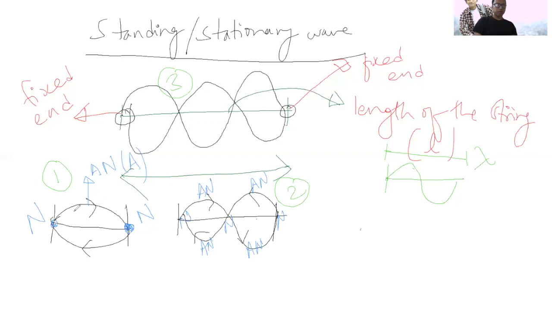So now if I look at the first case of the standing wave, this is the starting point, and this one is the ending point. So it is taking a part of the wave, right? If I compare this case with the traveling wave, then the first case of the standing wave is taking only this part of the wave.